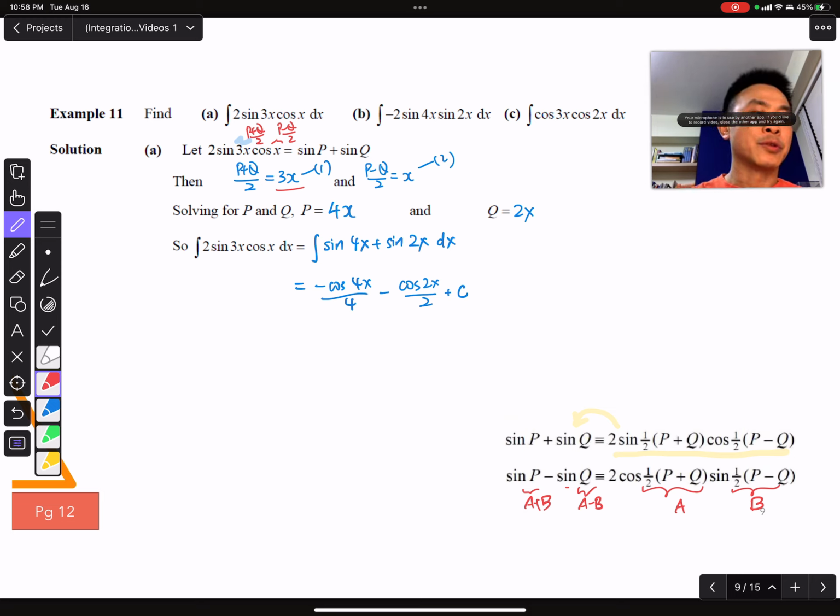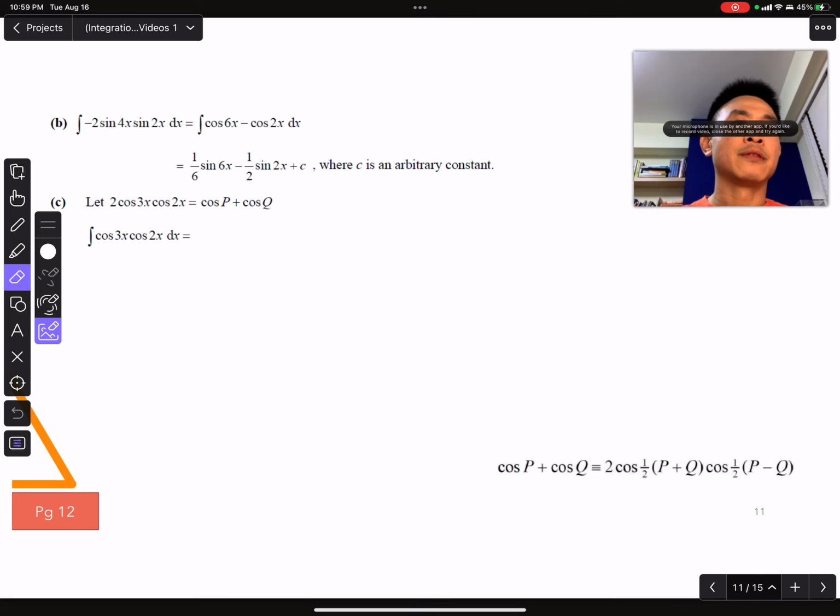And to get Q, you take A minus B, which is 3x minus x, which is 2x. So this is much faster if you can remember. If you can remember to let P plus Q over 2 be A and P minus Q over 2 be B, then your P and Q will be A plus B and A minus B respectively. Alright, so let's look at some other examples.